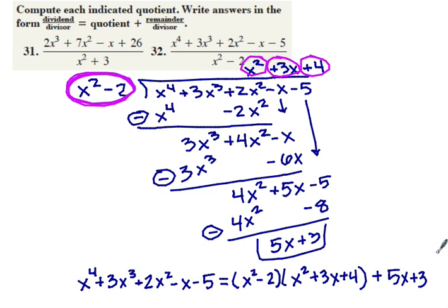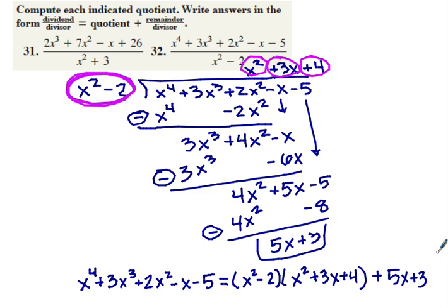Okay, so when it's nonlinear, it kind of turns into an ugly train wreck of a whole bunch of stuff. But it's that same process to just work through them piece by piece, and you'll eventually see that we end up with our dividend, divisor, quotient, and our remainder.